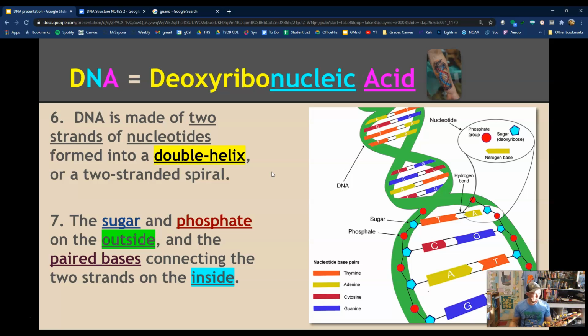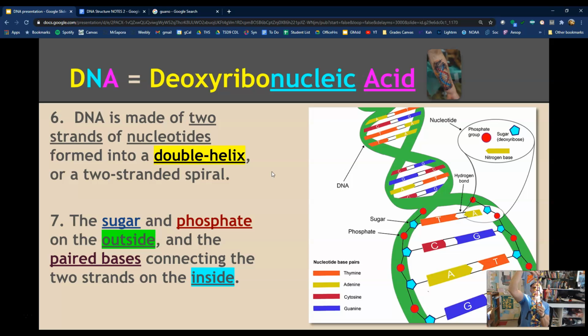Now, the reason why DNA twists is pretty cool actually. If it's just a straight ladder, it is less strong structurally, right? It can get ripped and torn. But if you twist something, it actually strengthens it. Do it with a piece of paper, and you'll see what I'm talking about.